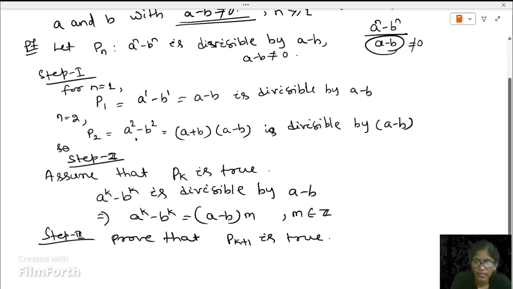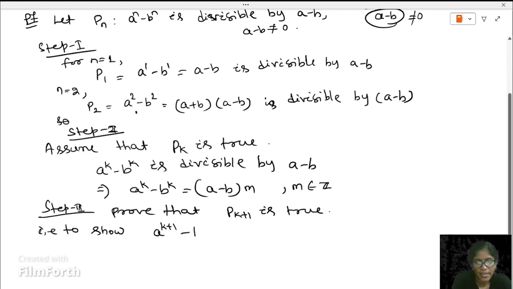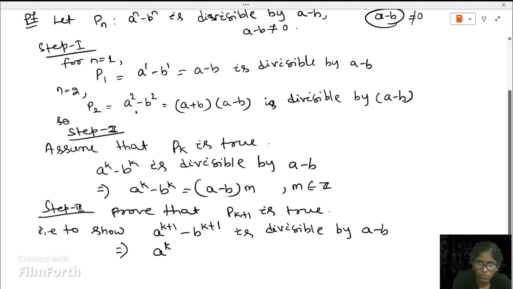That means we have to show a to the power k plus 1 minus b to the power k plus 1 is divisible by a minus b. That means to show a to the power k plus 1 minus b to the power k plus 1 is equal to a multiple of a minus b into p, where p belongs to the integers.